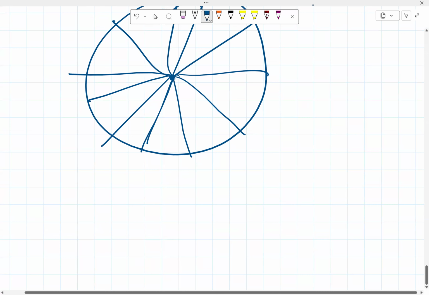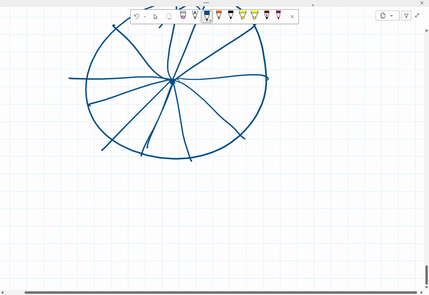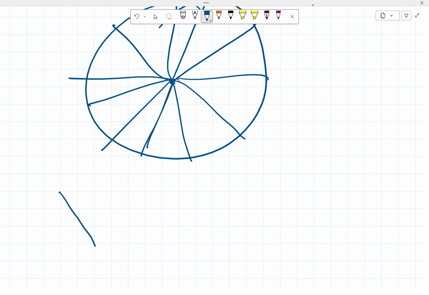Each one looks like something like this, and then you arrange another part here.